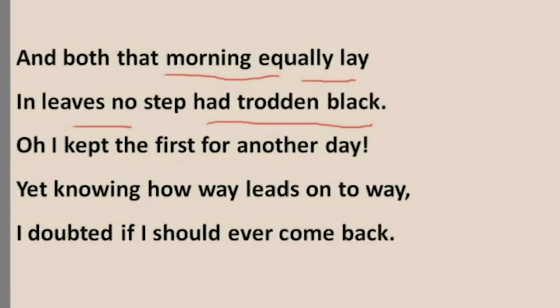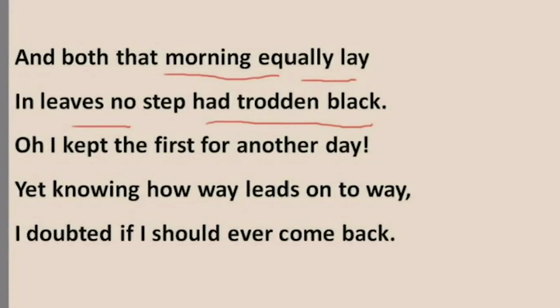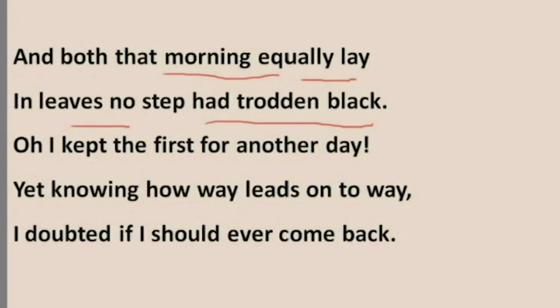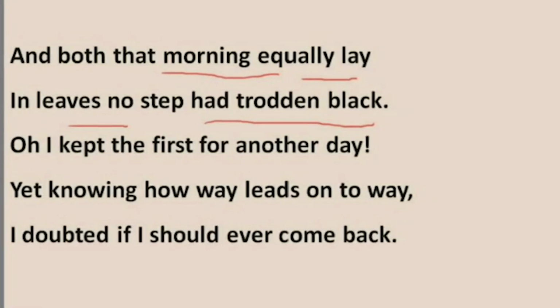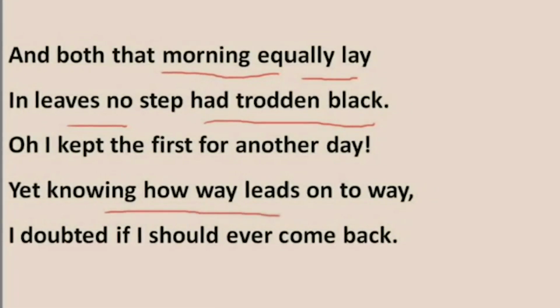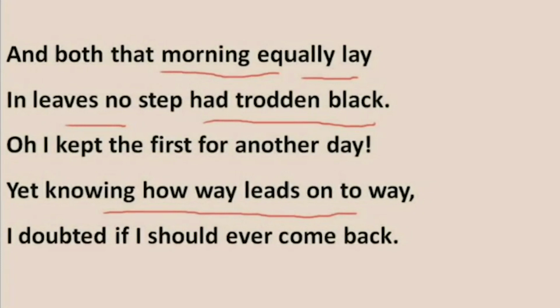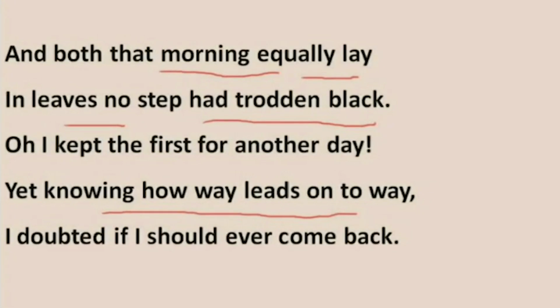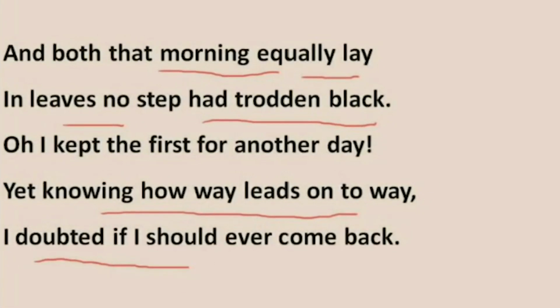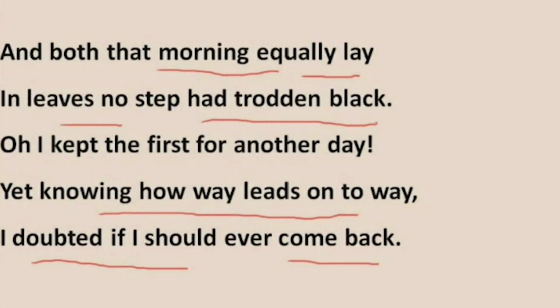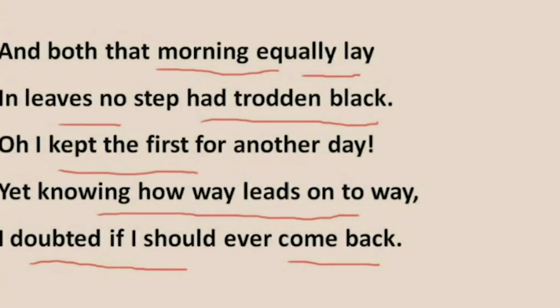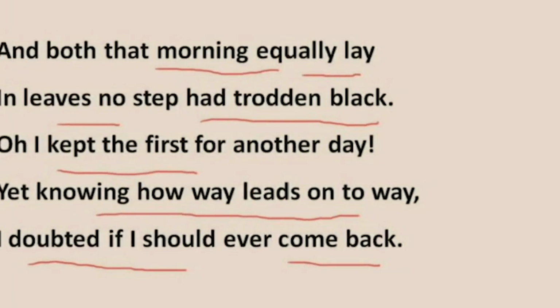Normally, when we walk on the road, the leaves will turn black. Now he took one road, and once you decide to take one road, you cannot come back. So he doubted whether he should ever come back to take the other road.